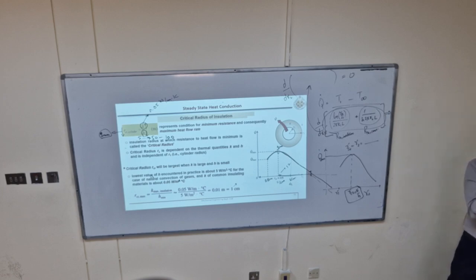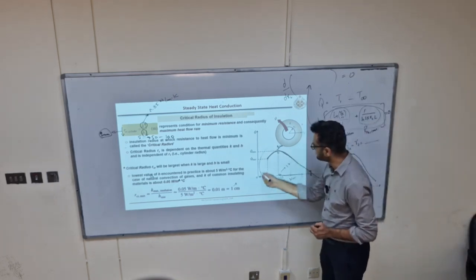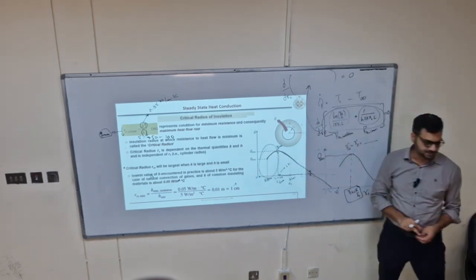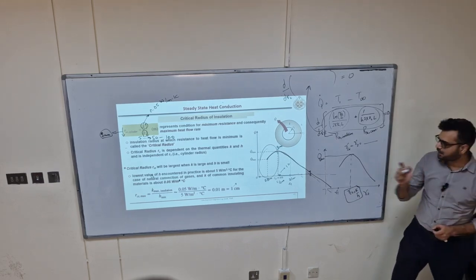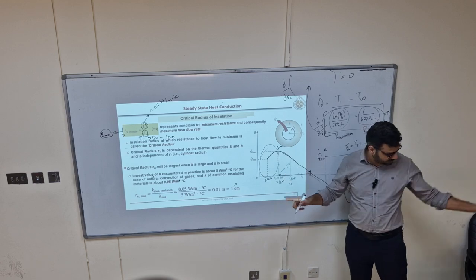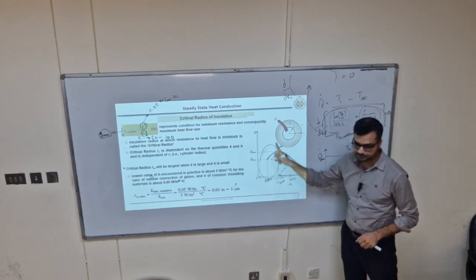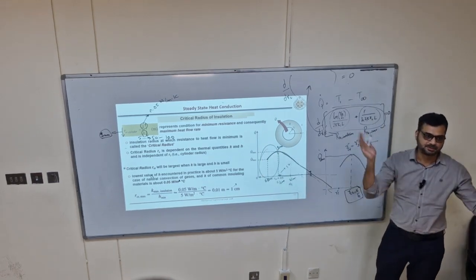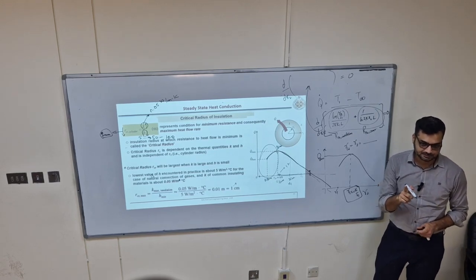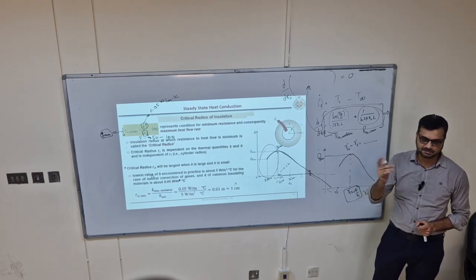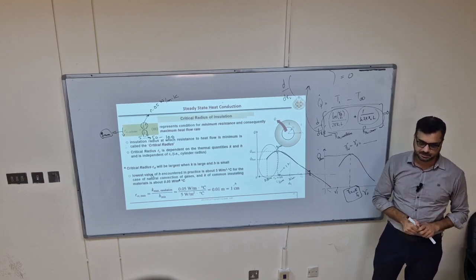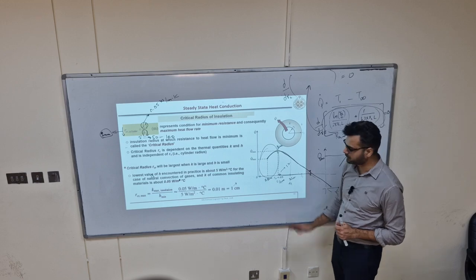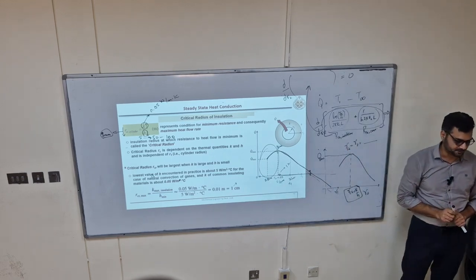Otherwise, this heat will accumulate. Because the radius is so small, by increasing insulation thickness up to the critical radius, normally in these cases we are in this region. There we want heat to dissipate, but not electric current. Electric current should not pass, but if heat is dissipating, it's good for their life. So in the case of electric wires, yes, we are definitely below the critical radius of insulation.